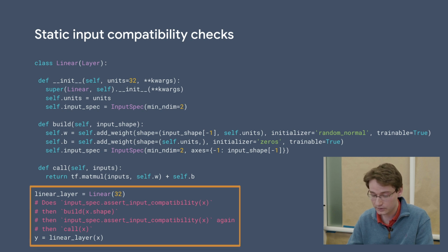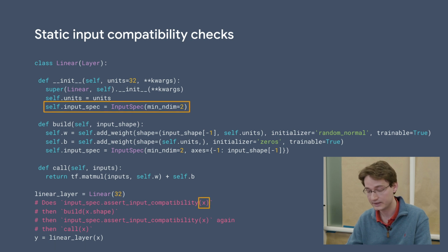When you call your layer for the first time, it first checks that the input is compatible with the input spec set here in the constructor, which just says the tensor should have at least rank 2.